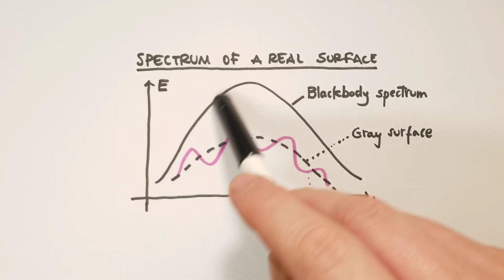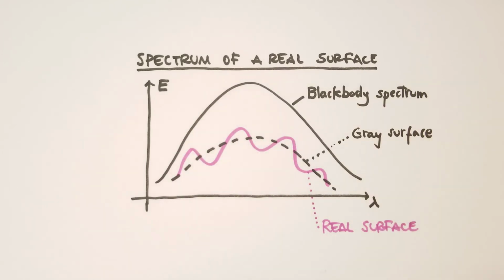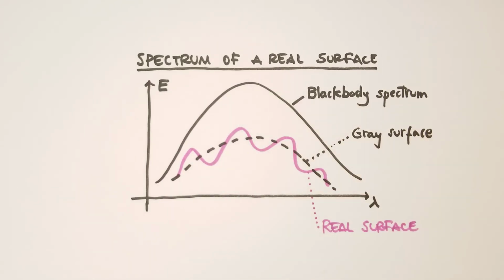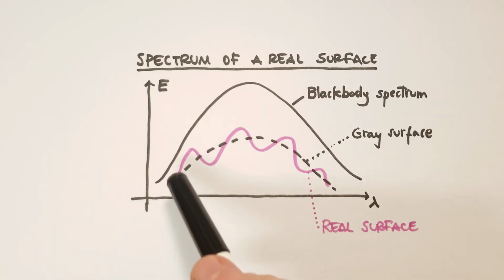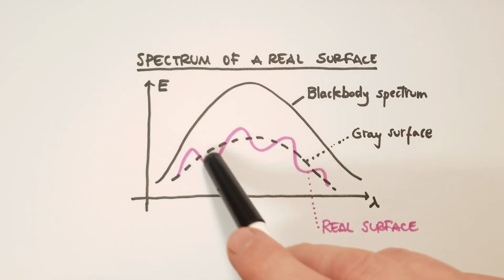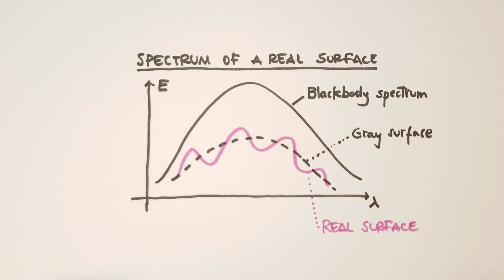For a black body, we have a solid black line here. For a gray surface, we have a lower distribution but with the same shape of the electromagnetic spectrum. Instead, we would have a more, let's say, undulatory behavior and dependence of the spectrum on the wavelength in the case of a real surface.